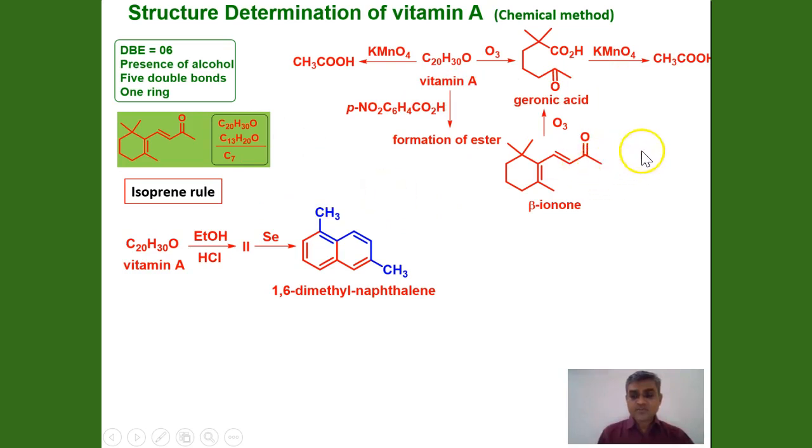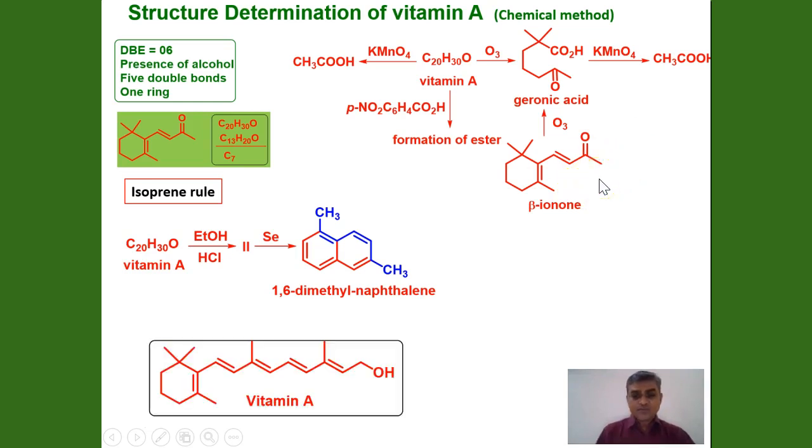Now we are in a position to write it, and for that the isoprene rule is again very helpful. On the basis of this chemical evidence, the structure of vitamin A is as shown in this box. This is a portion coming from beta ionone, and the 1,5 methyl positions: 1, 2, 3, 4 and 5, 1, 2, 3, 4 and 5. So here is again 1, 2, 3, 4 and 5. So a 1,5 relationship between these methyl groups is observed.